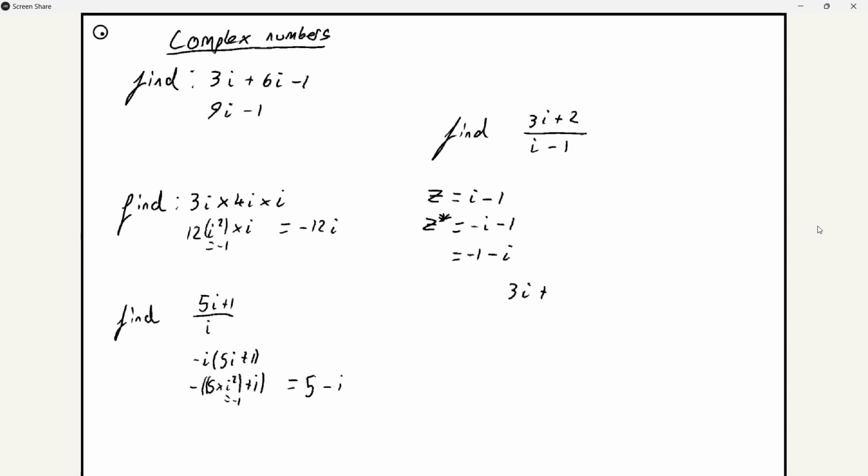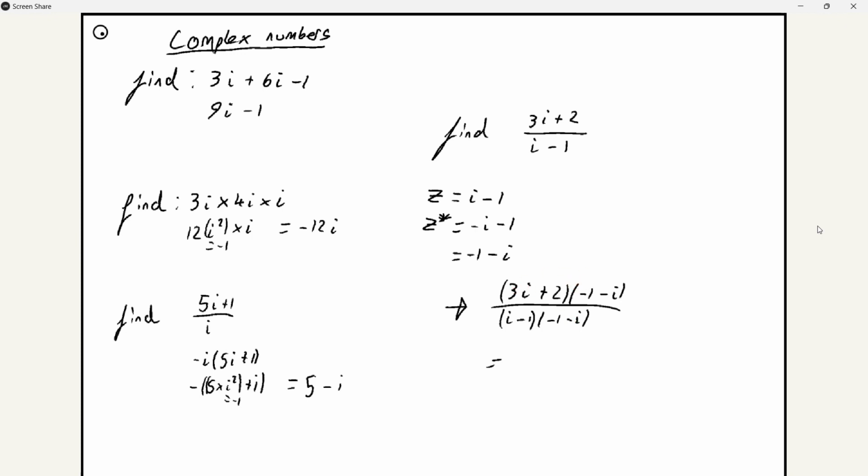Let's do that now. We've got 3i plus 2, all multiplied by minus 1 minus i over i minus 1 times minus 1 minus i. Now that, let's do the double bracket expansion on the top.